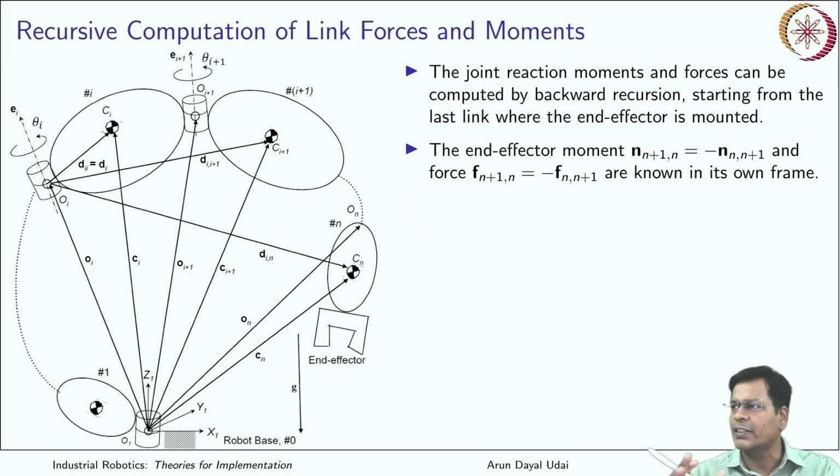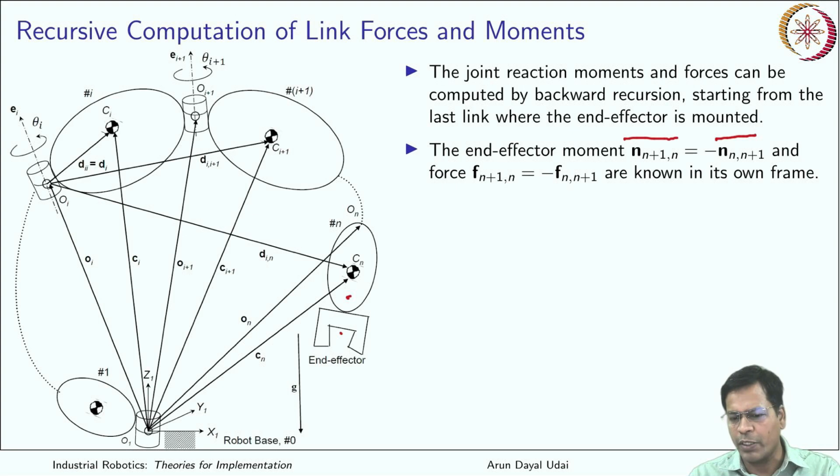So that is the reason why I wrote the force and moment balance equation in backward manner. Okay, so the end effector moment n plus 1 n is equal to minus of n plus 1 n, is it not? So it is reverse way. Whatever this applies forces and moments to this, this applies in a reverse manner. So that is what it is, nothing but action reaction pair.